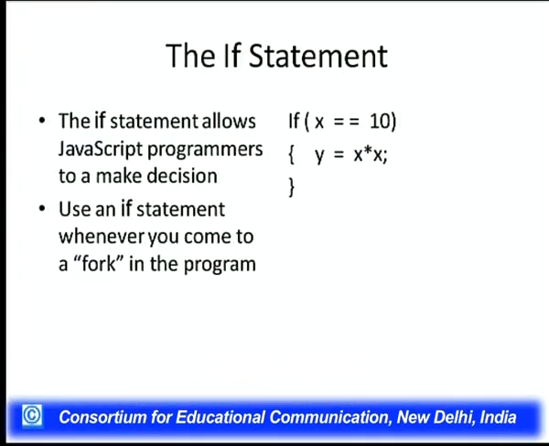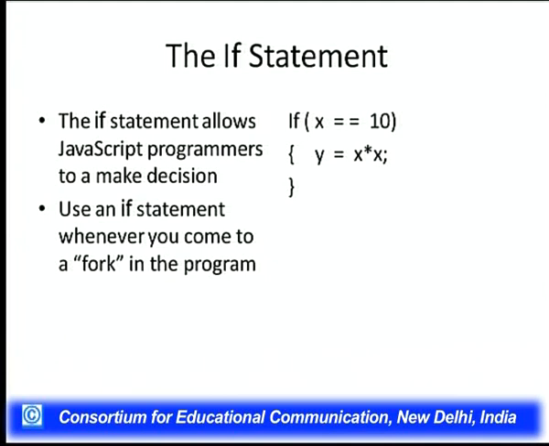For example, you can see here a simple program has been written. We write if x is equal to 10, then you save the value of x as y, and maybe further down you are printing the value. So the if statement allows JavaScript programmers to make a decision.